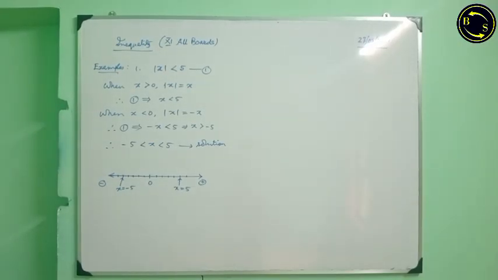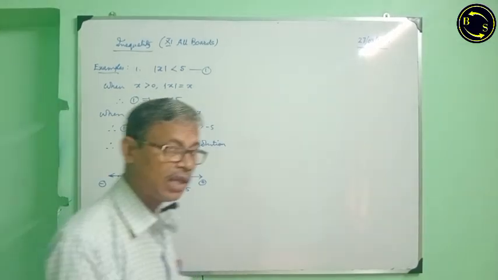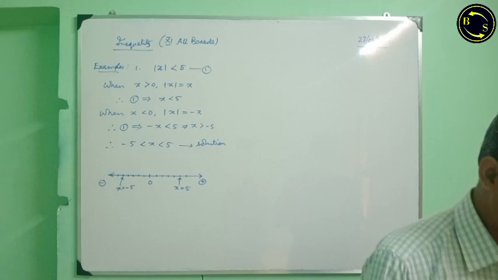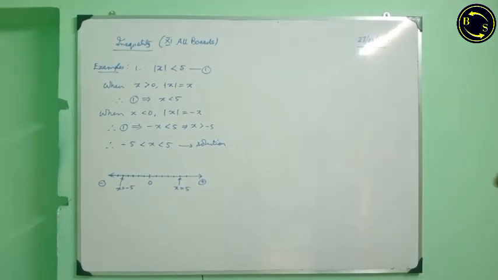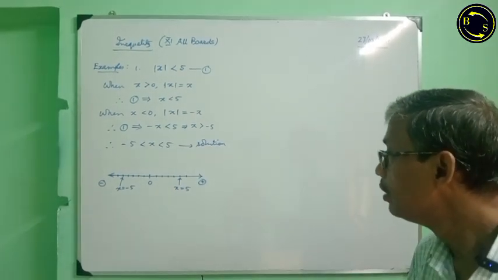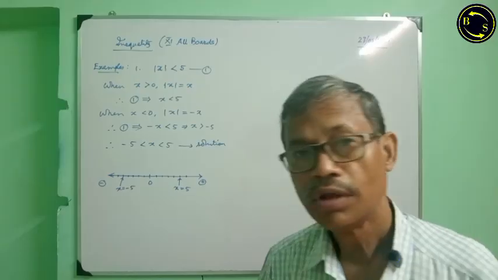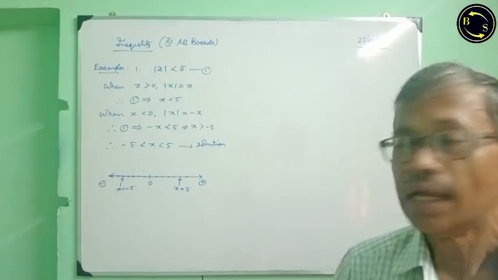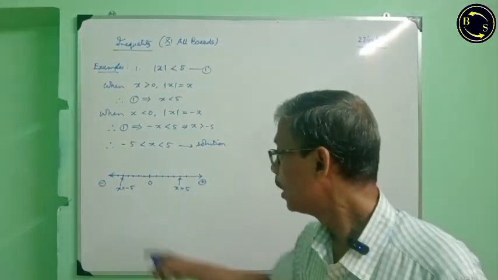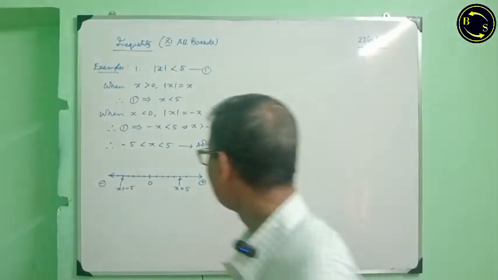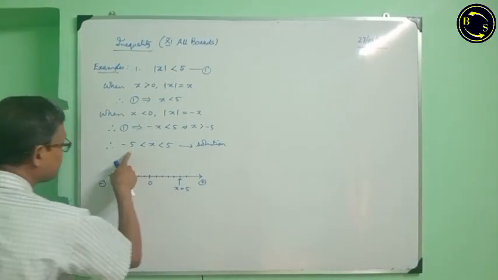I suggest students to draw the number line with the help of your scale and maintain the scaling by, say, taking 1/10 of each as 1 unit, like this. Then x lies in between minus 5 and 5.